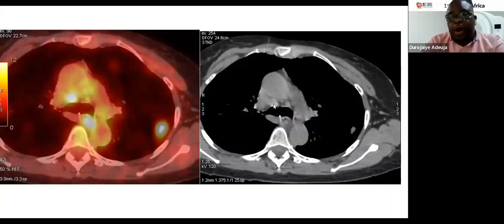This is the segment 4R, a right lower paratracheal node, which is moderately enhancing. However, the paraesophageal node, a station 8, didn't really enhance. However, the fused image demonstrated it very well.